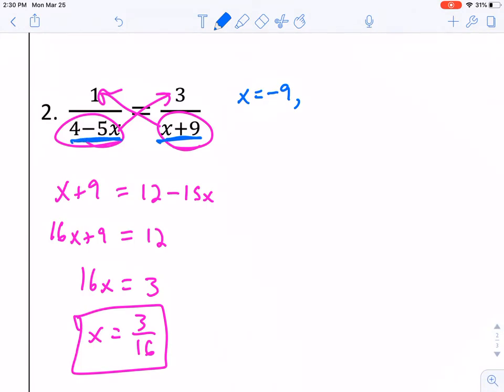Over here, if x were 4/5, that would make it 0. So here, these are the values x cannot be. And so once you solve an equation, check to make sure that your answer doesn't match any of those numbers. Because if it does, then you're going to have no solution. Okay?